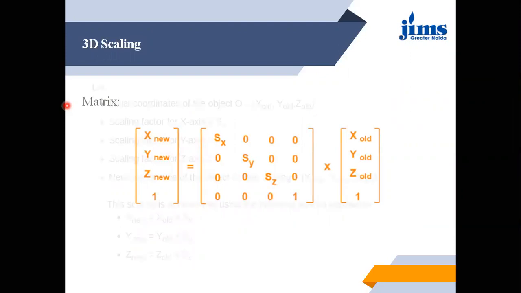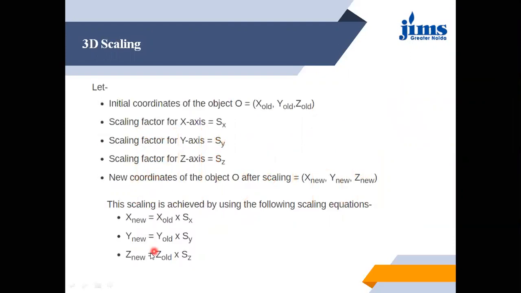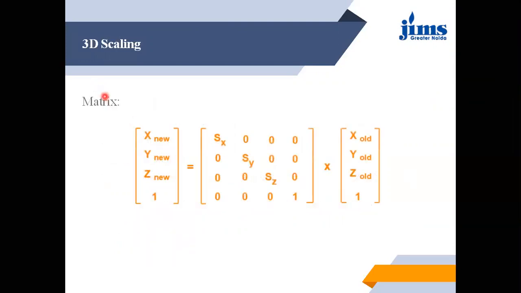Now these equations, equations 1, 2, 3, the relationship between x new and x old, we can represent using a matrix. So the matrix is x new, y new and z new.